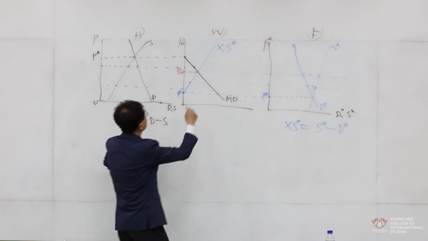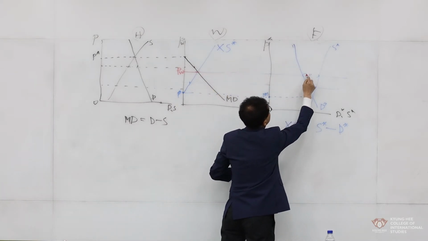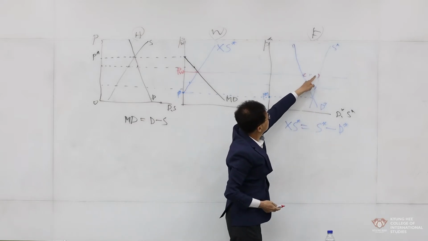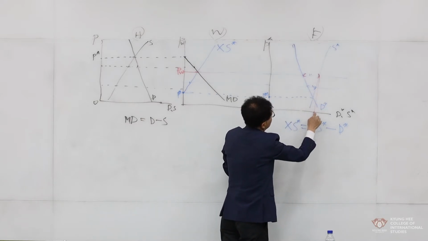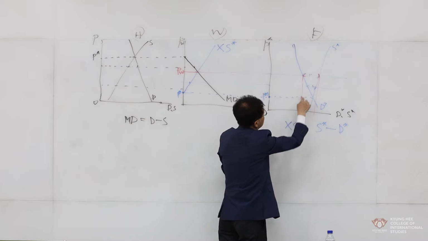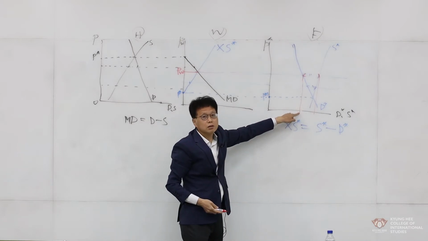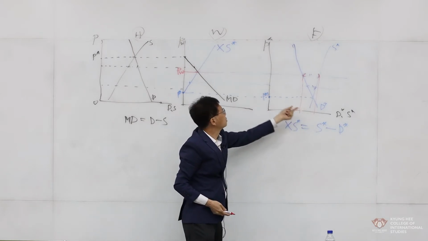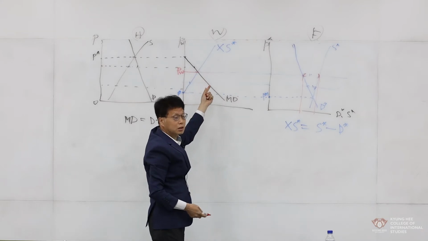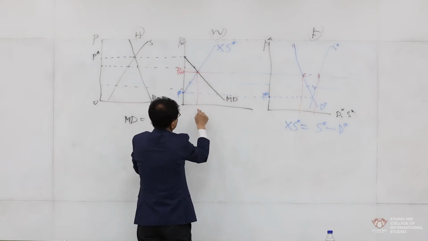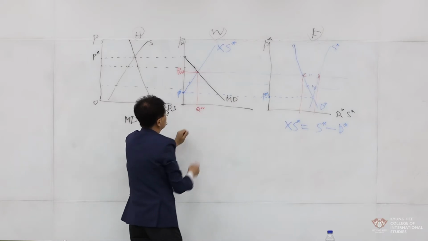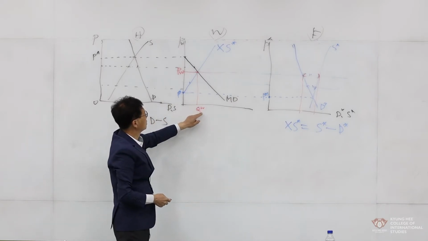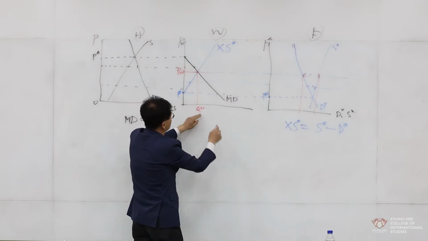At this P W, foreign supply is greater than Australian consumers' demand. The gap between the two is exported. We call that export Q W, supplied by the export supply.